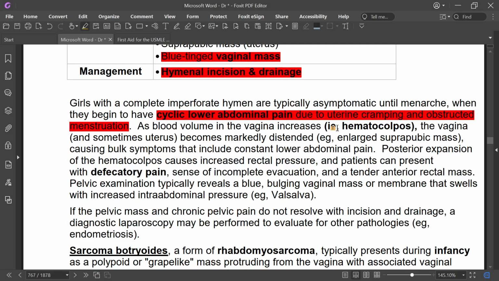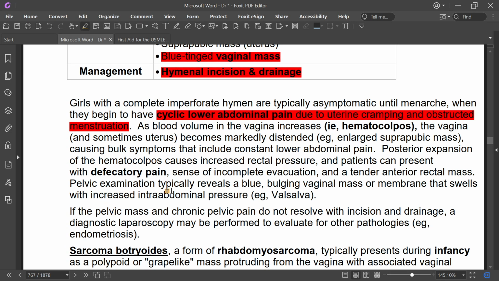Posterior expansion of the hematocolpos causes increased rectal pressure. Patients can present with defecatory pain, a sense of incomplete evacuation, and a tender anterectal mass.